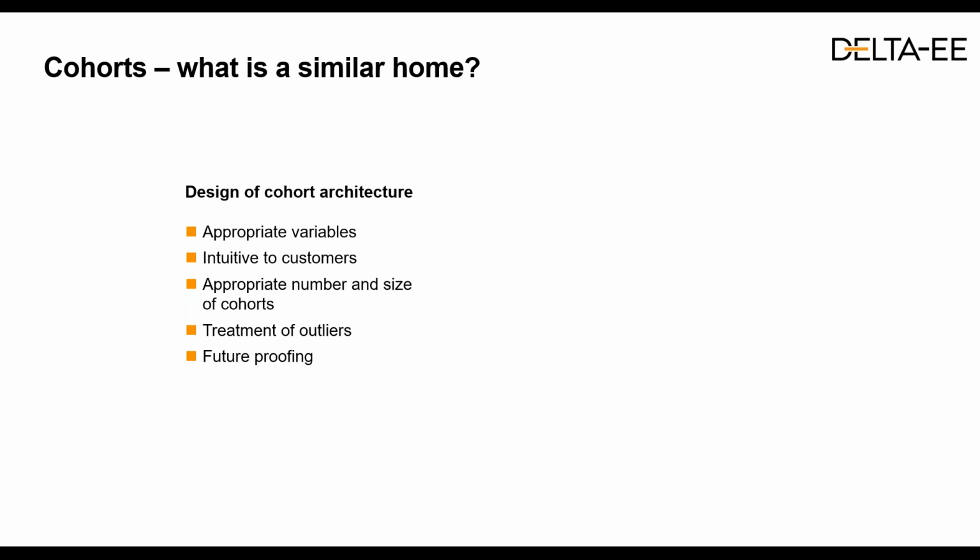There's a lot that goes into these cohort classifications, and much is actually hidden behind dynamic clustering models. So sometimes it's difficult to be prescriptive. So what we'll do here is share some of the tips from our research around this cohort architecture. So firstly, it's important to use variables that are appropriate for your market and customer base.